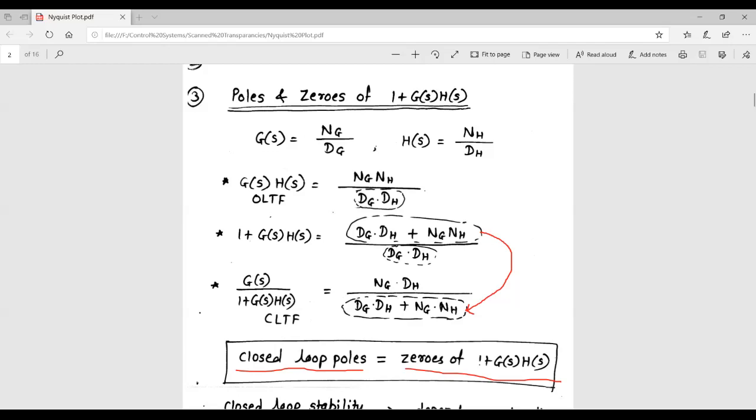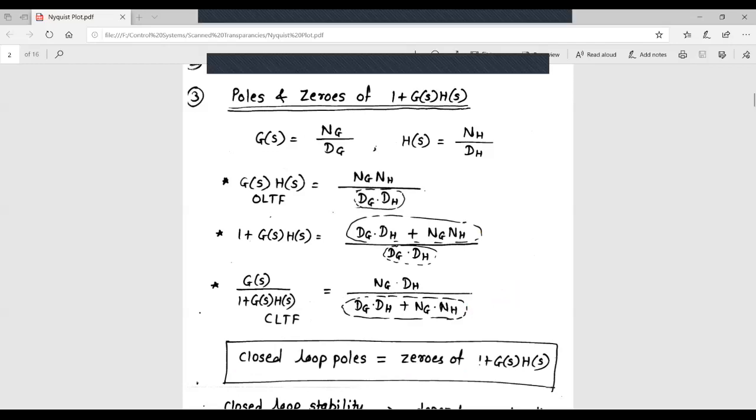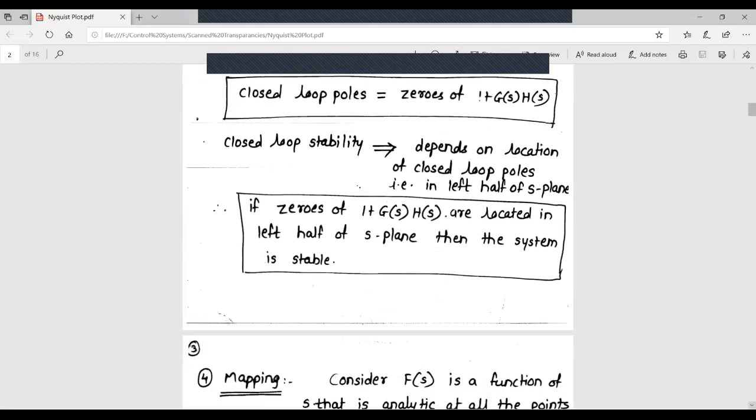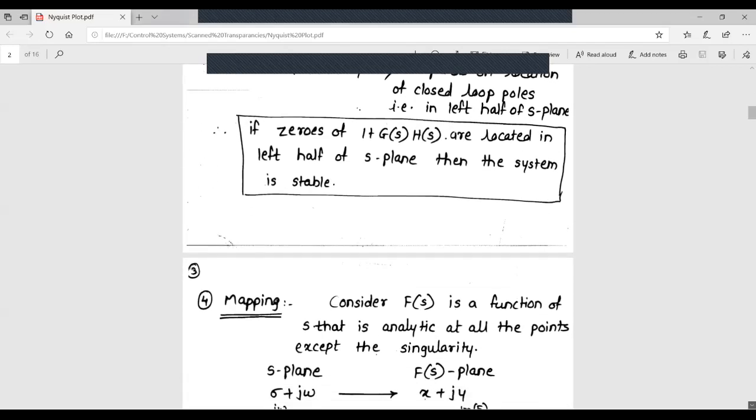I hope this part is clear. These equations directly give you an idea why closed loop poles are equal to zeros of 1 plus G of S H of S. Now let us go ahead. Whatever we have discussed, you can find in the notes.